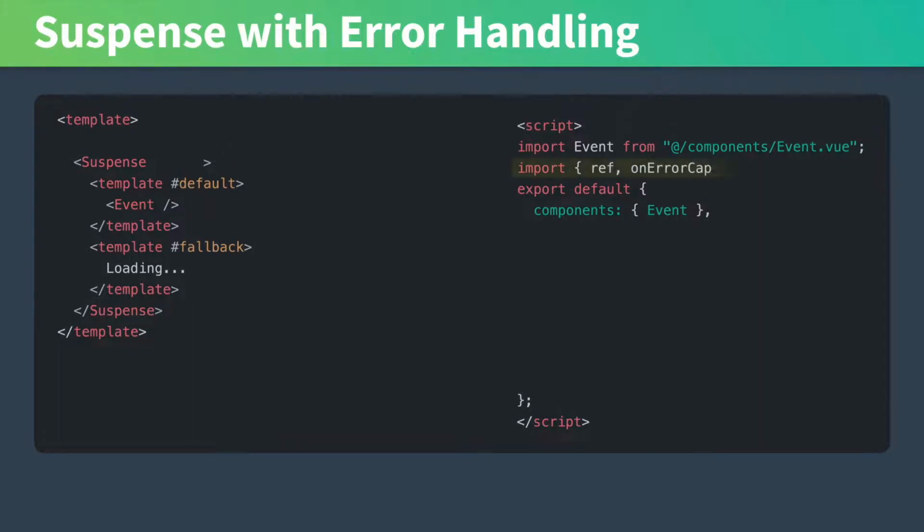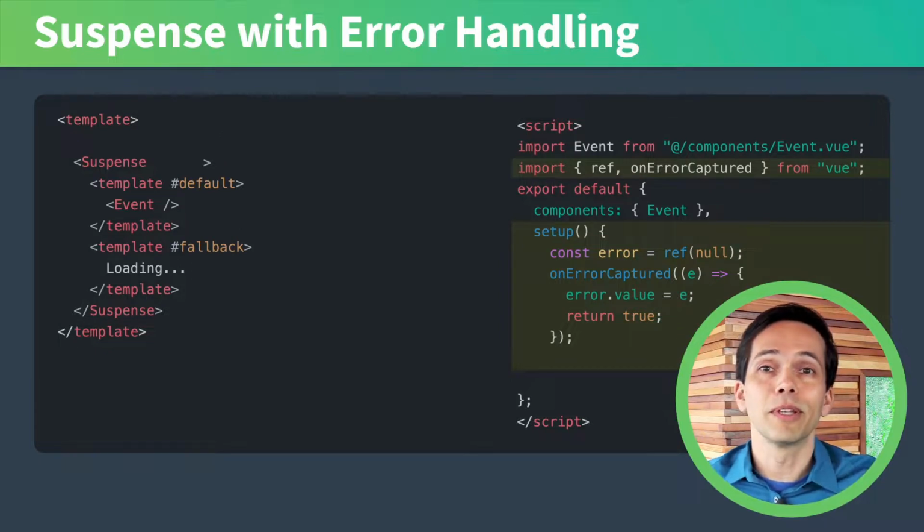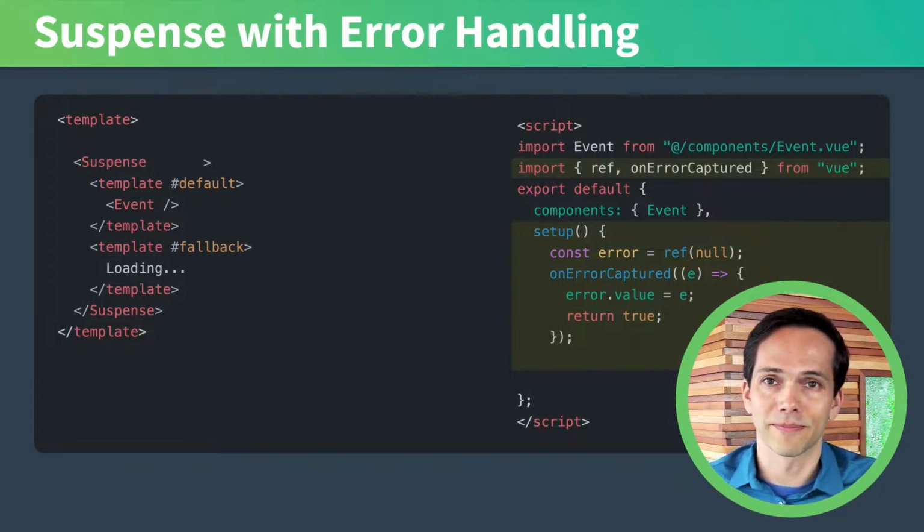First, we'll import ref, and we'll need to use the onErrorCaptured lifecycle hook. Then inside our setup method, we'll declare a reactive reference called error. Then we'll use the onErrorCaptured lifecycle hook to listen for errors, and if they happen, it'll set the error and then return true. Return true simply prevents the error from propagating and then appearing in our user's browser.